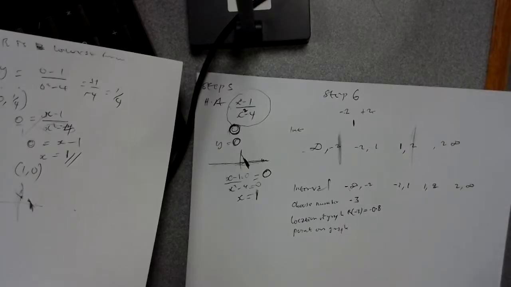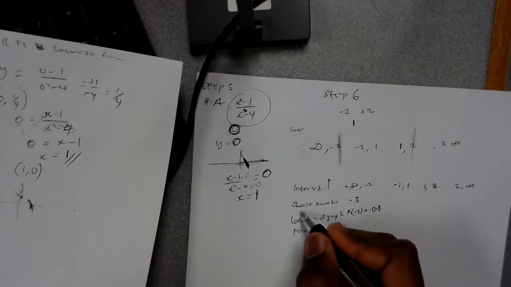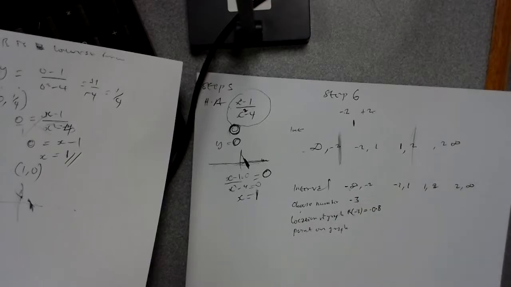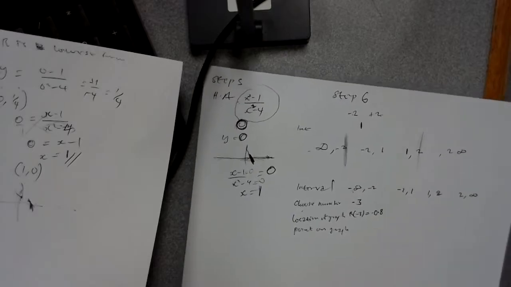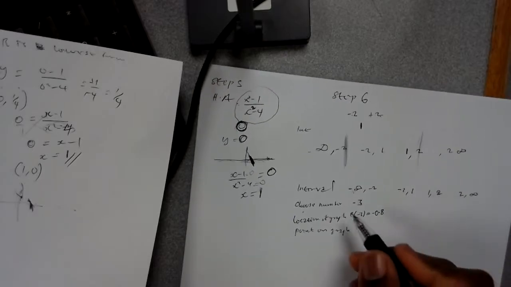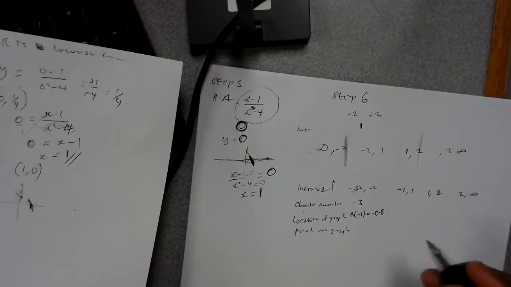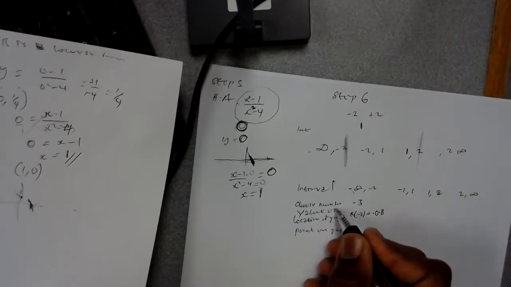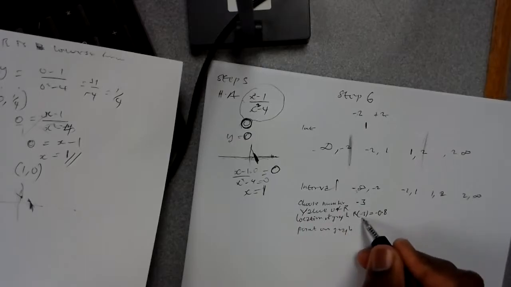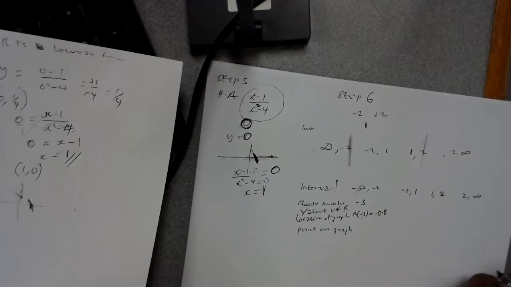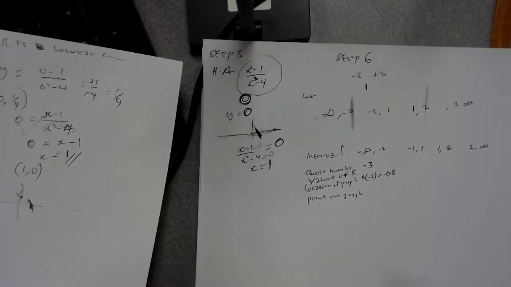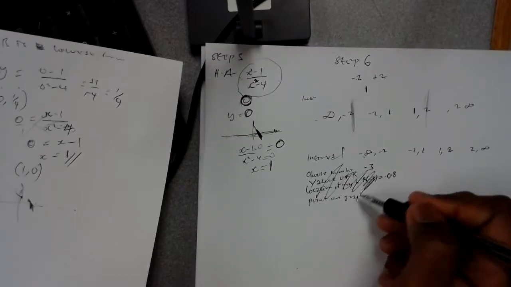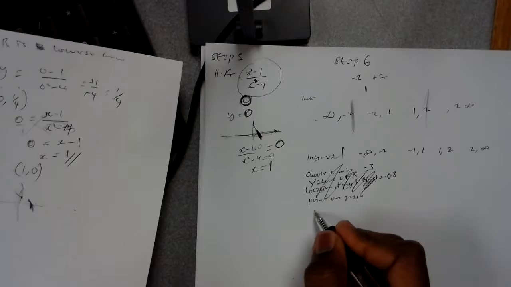I should put another row here that says value of r, because we're going to find the value of r, location of graph, and point on graph, but I didn't write that one. So I'm going to rearrange those.